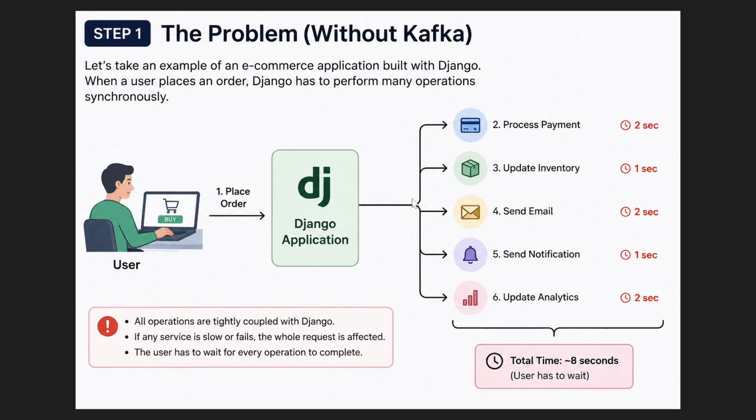Django does not have to know exactly who is going to process the event. Django simply says an order has been created, and Kafka acts as the middle layer through which this event is delivered to the consumers.